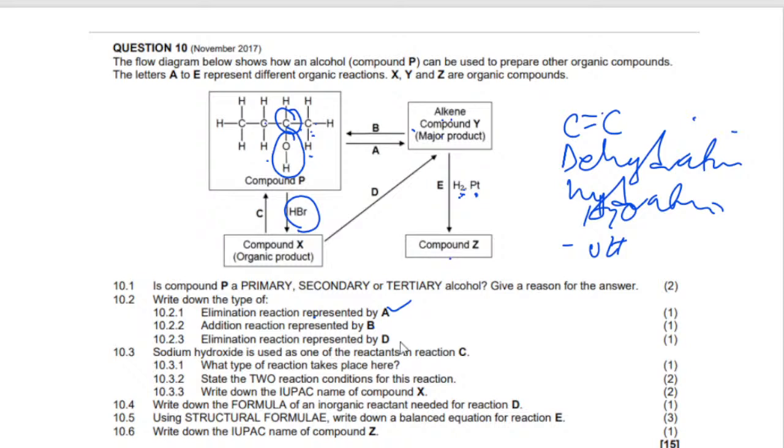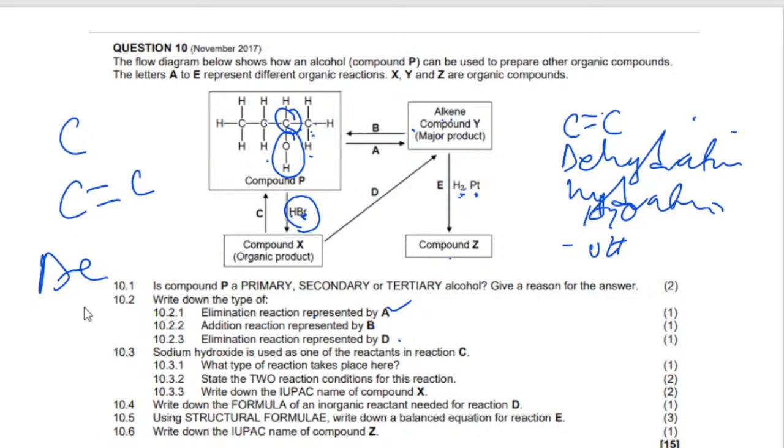Then I go to the elimination that is represented by D. Because I want the compound to be like this, yet it had a halogen on it, and it's one halogen. You see, it is one halogen. So I'm going to remove the hydrogen and the halogen. What am I removing?